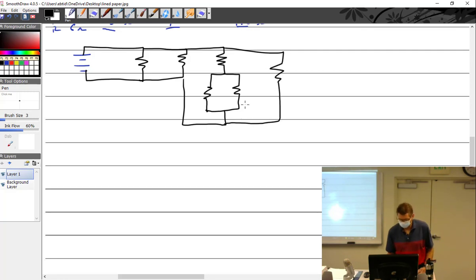There you go. So we'll run it with 24 volts, 12 ohms, 6 ohms, 6 ohms, 6 ohms, 6 ohms, and 4 ohms, because you can't have that many sixes. So there we go.